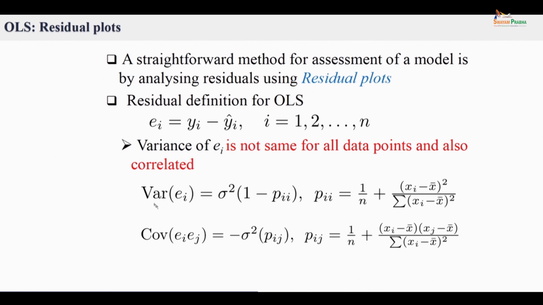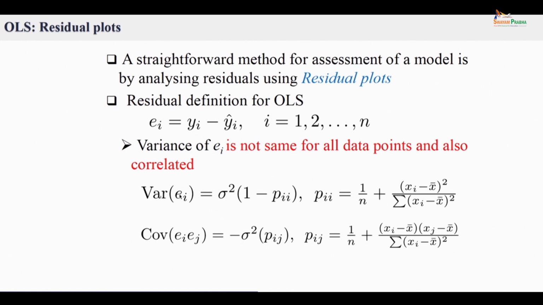In fact, you can show that the variance of the ith residual is sigma squared, which represents the error in the measured value of the dependent variable, multiplied by 1 minus pii, where pii is defined by this. Notice that pii depends on the ith sample and varies from sample to sample. So the variance of the residual will not be identical for all samples, it is given by this quantity.